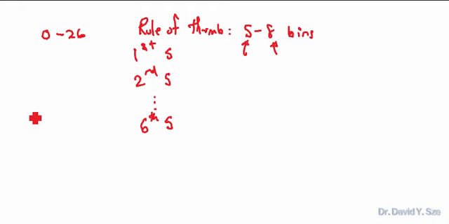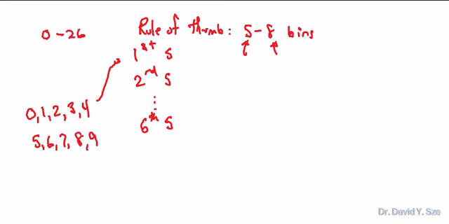The first 5 numbers would be 0, 1, 2, 3, and 4. So that would be the first bin. The next 5 would be 5, 6, 7, 8, and 9, etc. We would start at each multiple of 5 and count up 4 more to include 5 numbers.